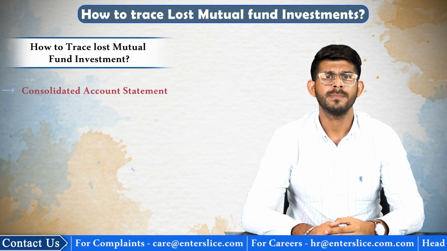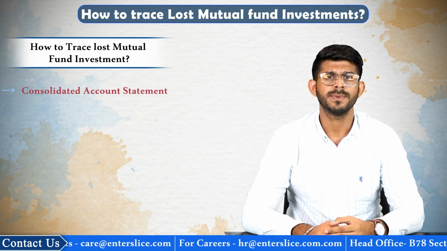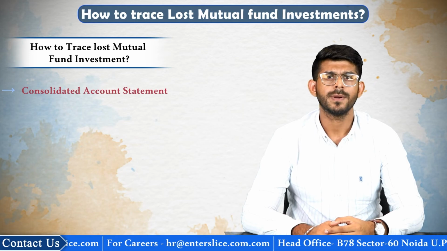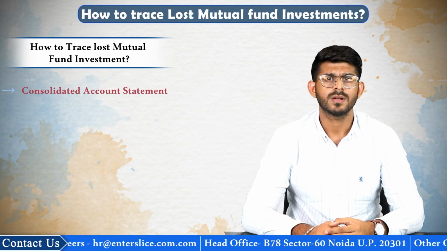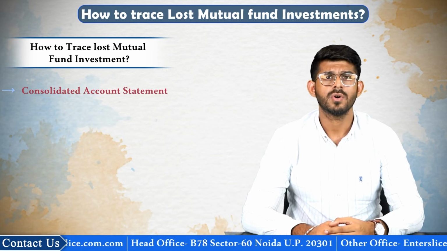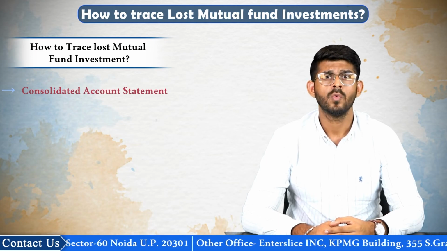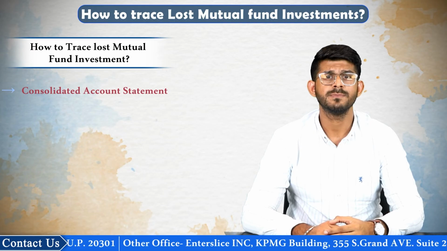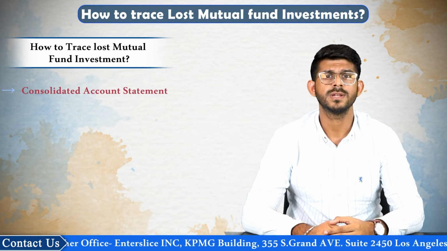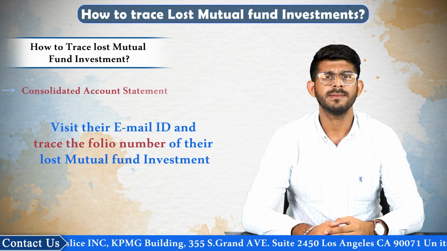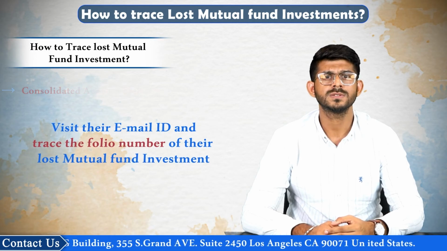It is to be kept in mind that the consolidated account statement can be generated for a particular date or a particular period. The consolidated account statement will list all the folio numbers attached to the email. Also, the investors who have their account in Demat form will receive a monthly consolidated account statement on their registered email ID. They can check their email and trace the folio number of their lost mutual fund investment.